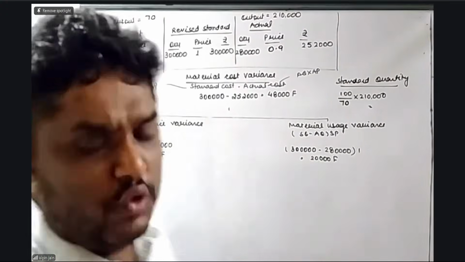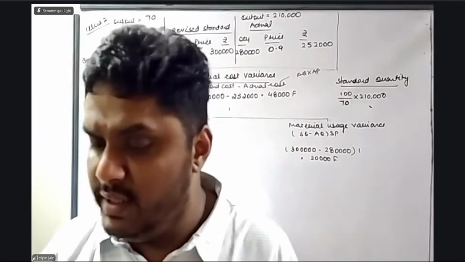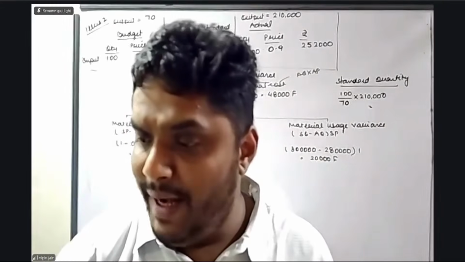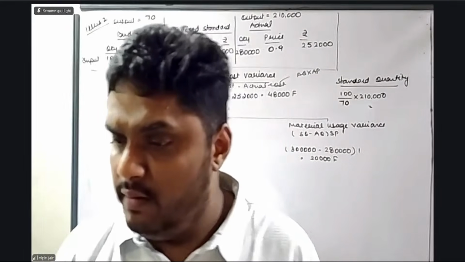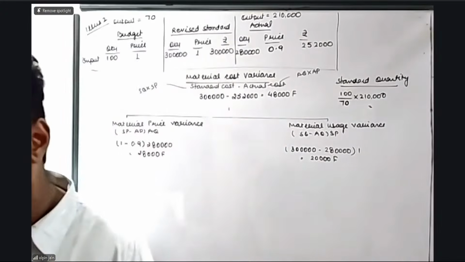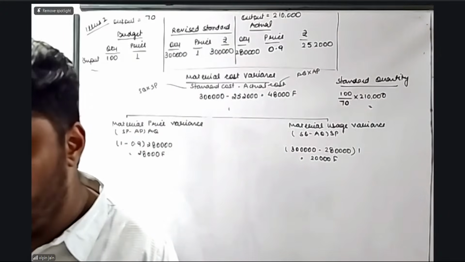I request you guys to copy the solution. The solution is there in the study material, but the pattern of the solution is a bit different. So I request you guys to copy the solution, please.